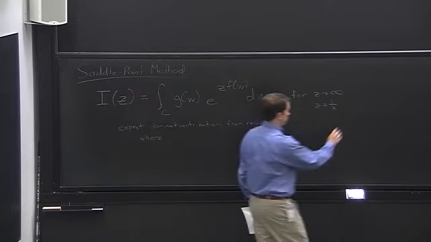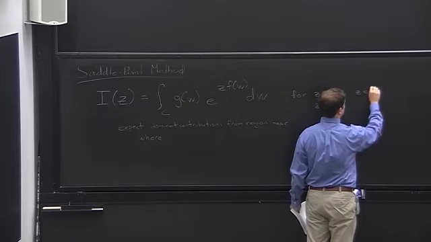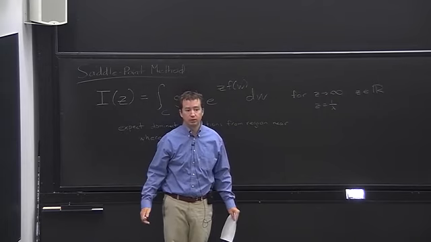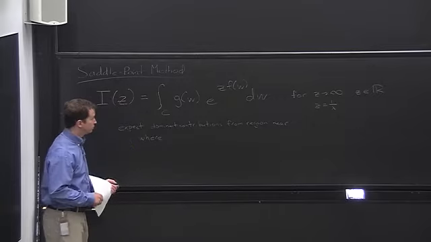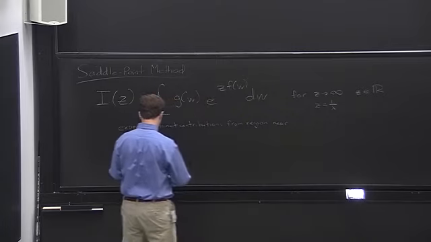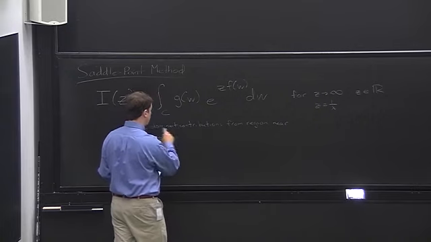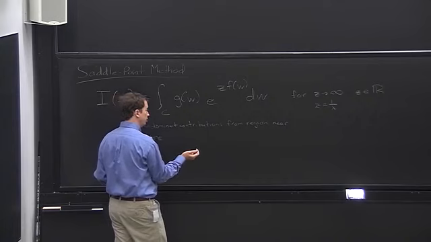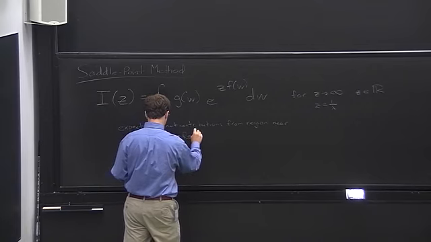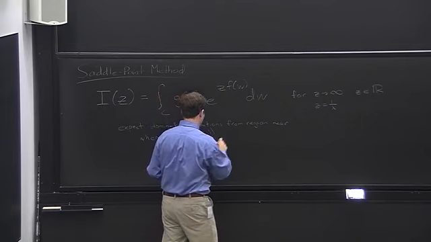For now, we're going to consider z to be a real number. We will relax that assumption later. So the dominant contributions we expect should come from the region near where the real part of f is maximized, and I'll call that u.